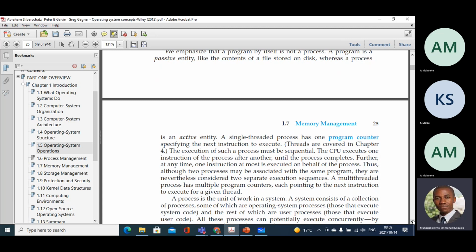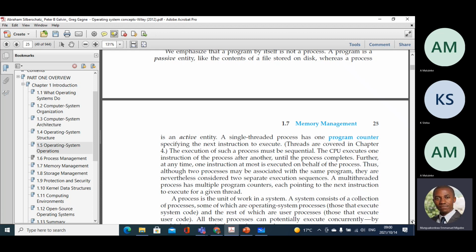So to define a process by means of a thread, we say that a process is a single threaded operation, meaning the type of operations at the operating system that execute one sub-process at a time. There's no concurrency of any kind. Okay, so the CPU executes one instruction of the process after another until the process completes. Further, at any time, one instruction at most is executed on behalf of the process.